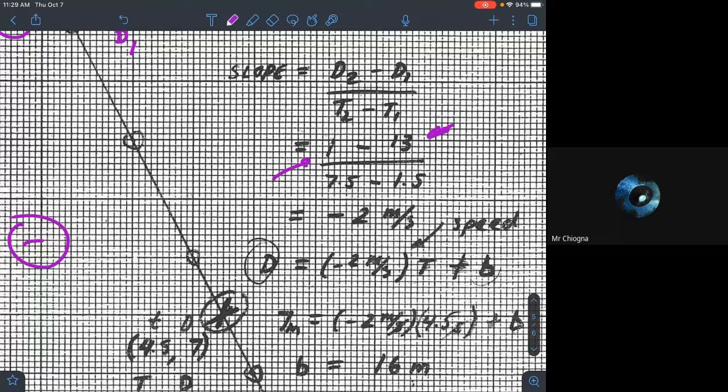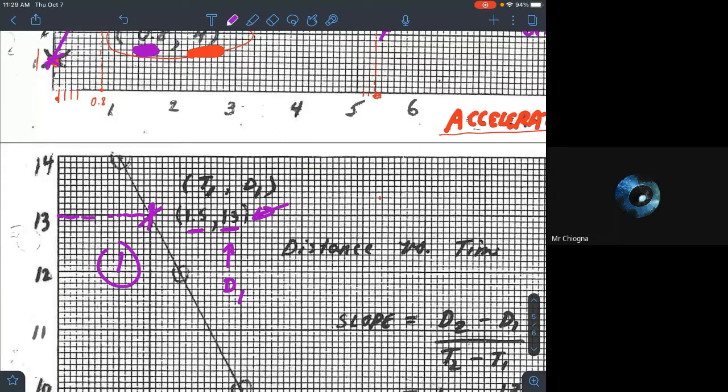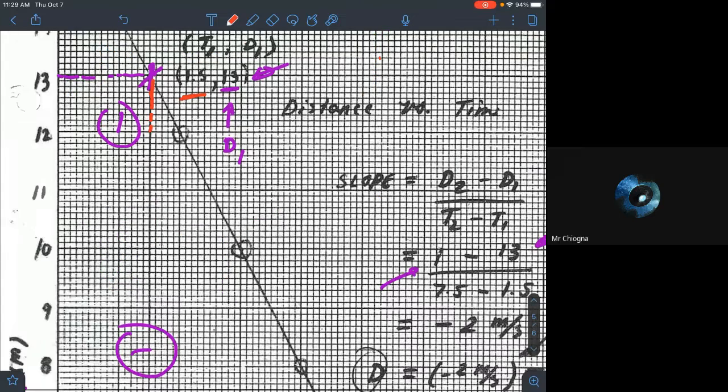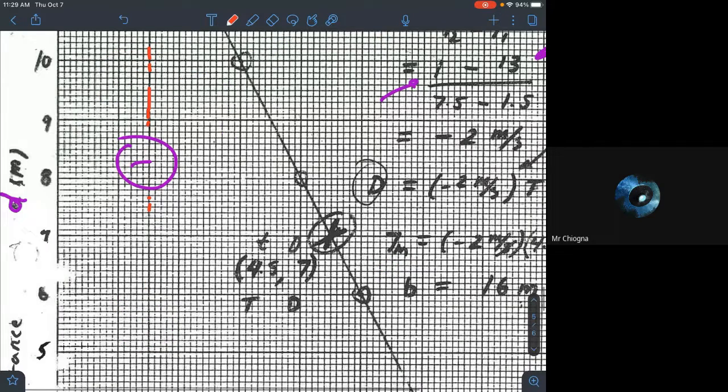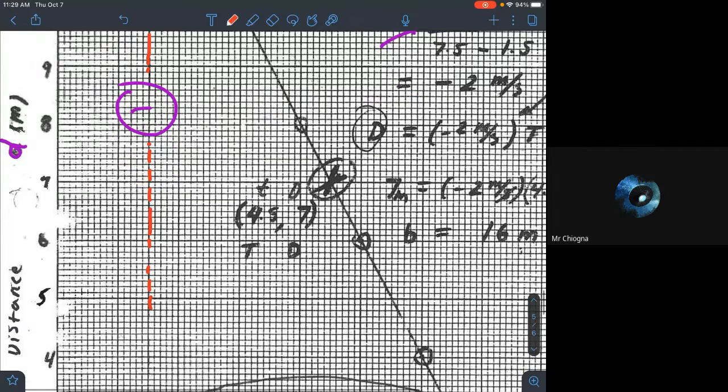What about your horizontal values? Well, let's go back to here. 1.5, I'm going to do that in red. 1.5, where'd I get that? In my mind's eye, you don't have to physically draw this up, I just drew a vertical line down. And I asked myself, where does that cross the horizontal axis?